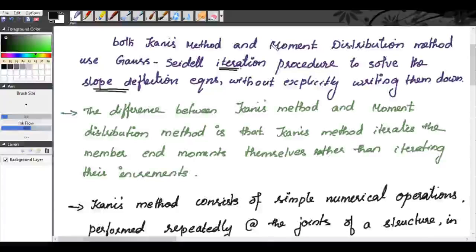Then in the second step, whatever increments we have obtained, we will iterate that. But in Kani's method, the fixed end moment itself is iterated in every step, in every iteration. That is the difference between Kani's method and the moment distribution method.